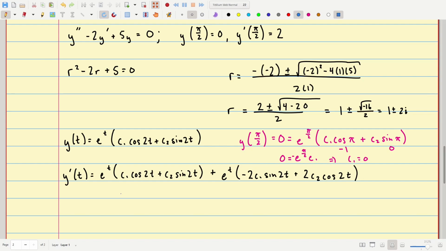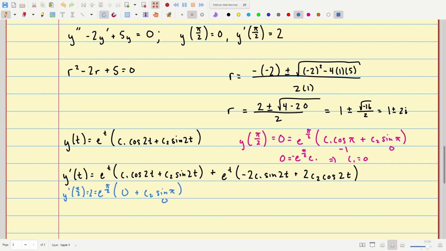And for our second factor, we have e to the pi halves again. This is going to be equal to 2. c1 is 0, so that first term goes away. Plus c2 sine pi.